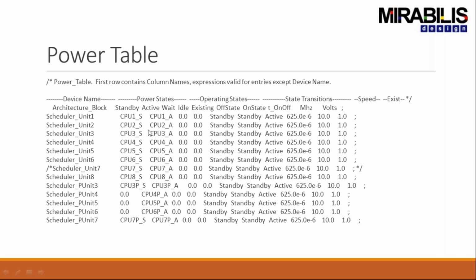There is no limit on the number of states that VisualSim can handle. The frequency and voltage specification for the device are mentioned here. As you can see, we have a scheduler unit, standby, its idle state and the existing state, and the state transitions.